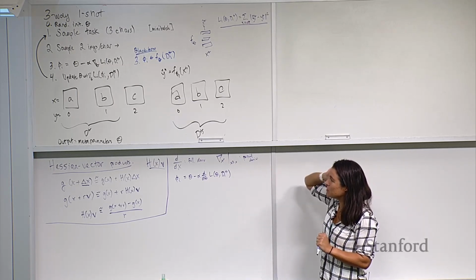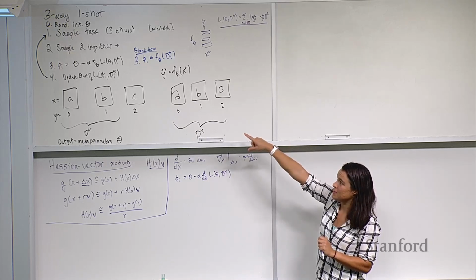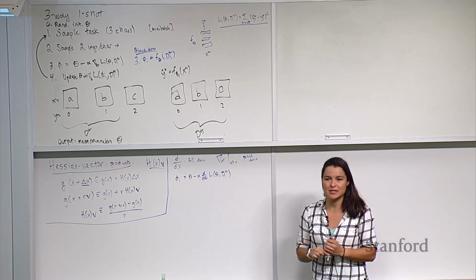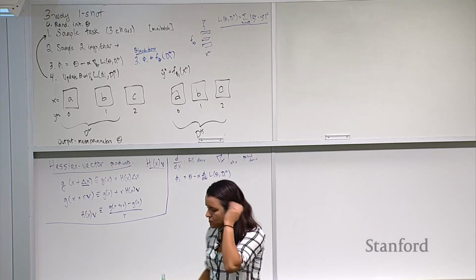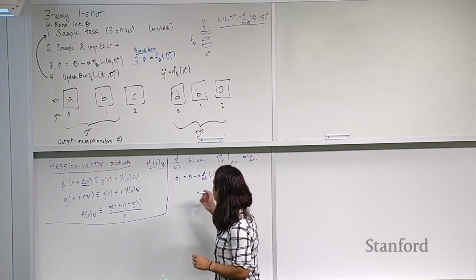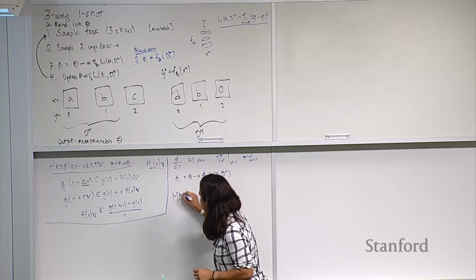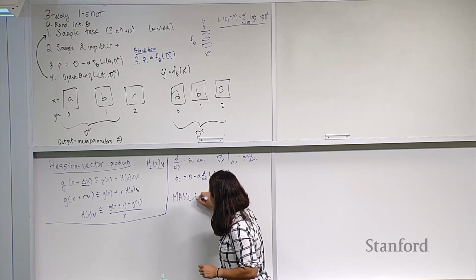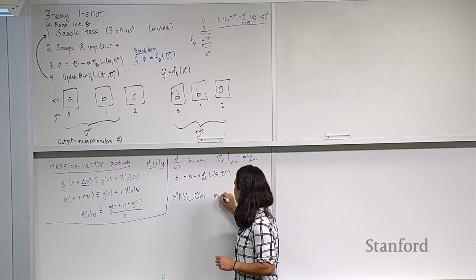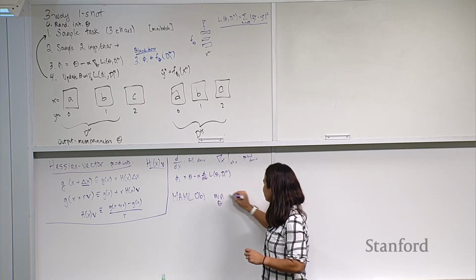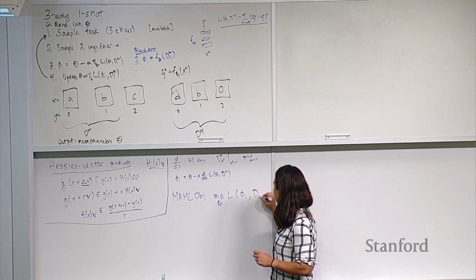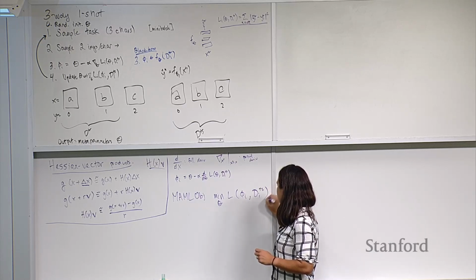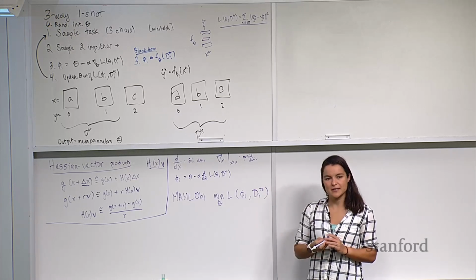And our goal now is to compute the gradient, or the metagradient, in step 4. So the MAML objective is to minimize with respect to theta the loss of phi i evaluated at the test data set for that task.